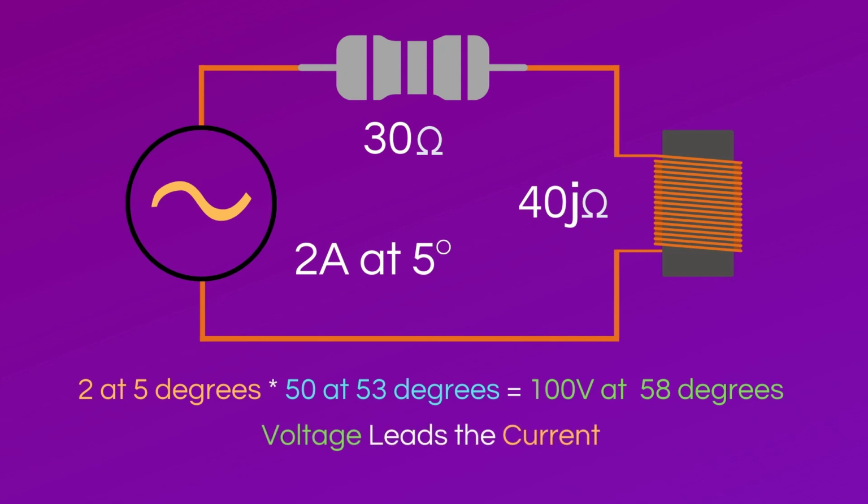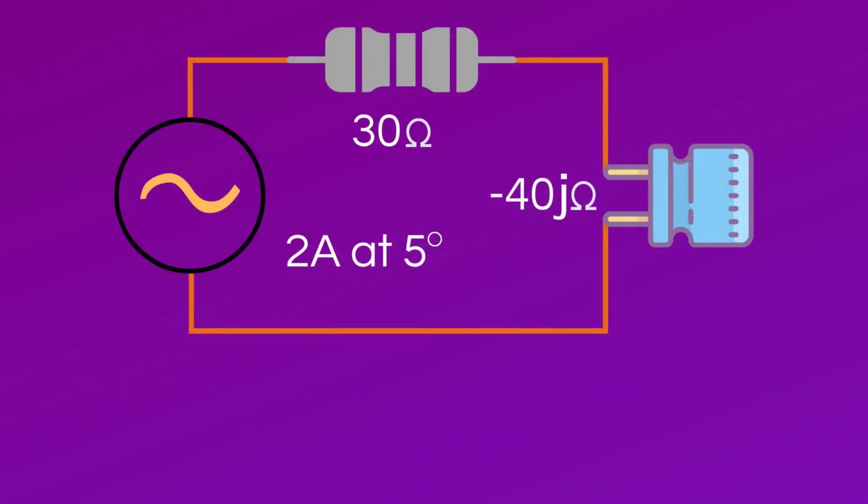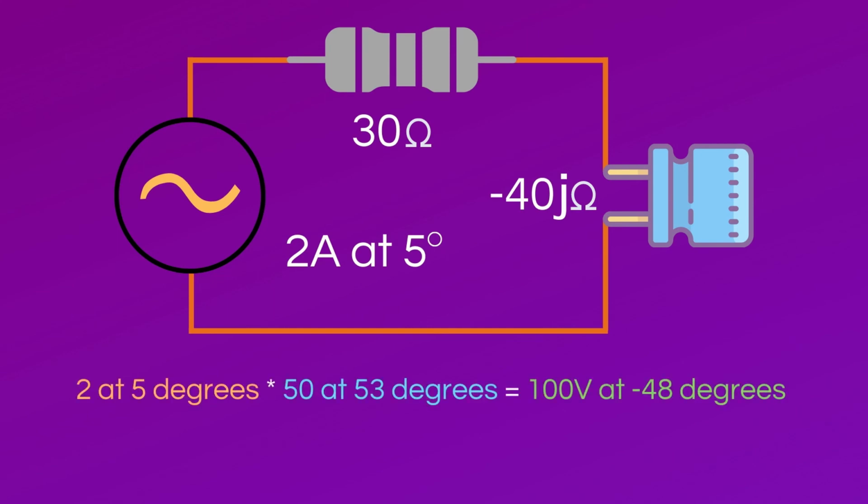As the voltage has a positive 58 degrees, it leads the current that only has an angle of positive 5 degrees.